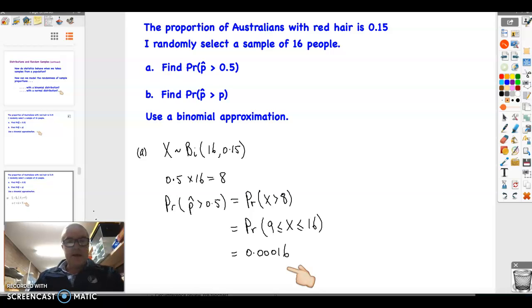So here's the answer to that question. You'll see how I've framed the question about the sample proportion in terms of the discrete variable x. So the probability that the sample proportion is greater than 0.5 would be equal to the probability that there are more than 8 people with red hair in the sample. You might do this because it sort of helps you think about what you're going to do on your CAS calculator.